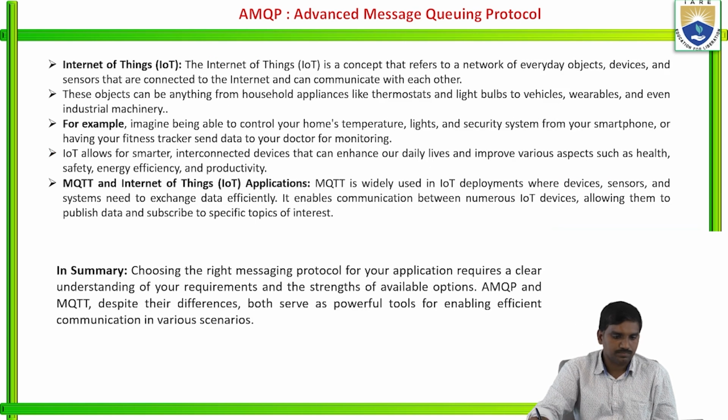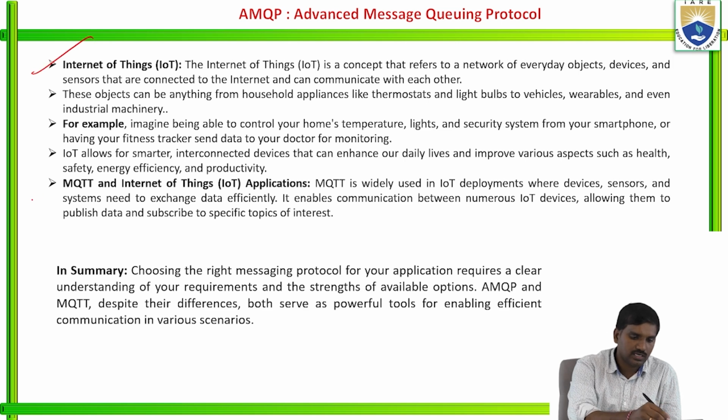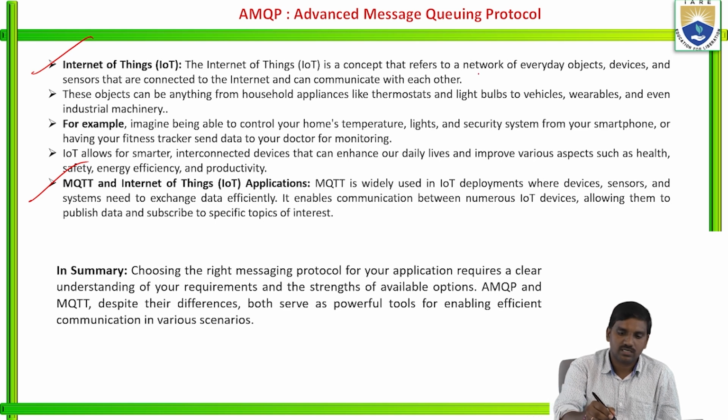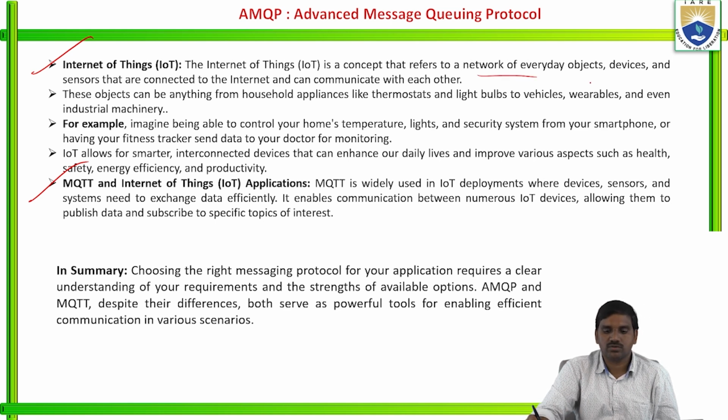So these are some real-time uses in terms of Internet of Things, IoT applications also. The Internet of Things is a concept that refers to a network of everyday objects, devices, and sensors that can connect to the Internet and communicate with each other.